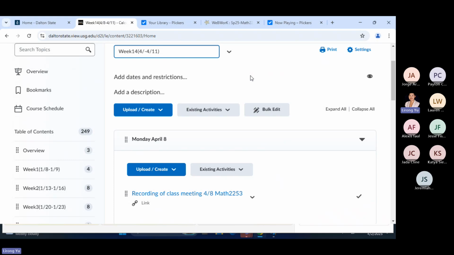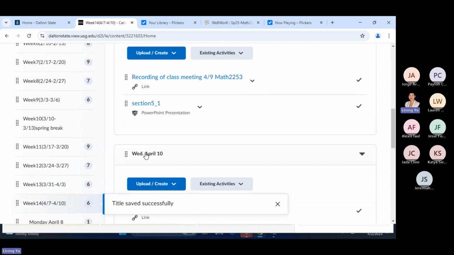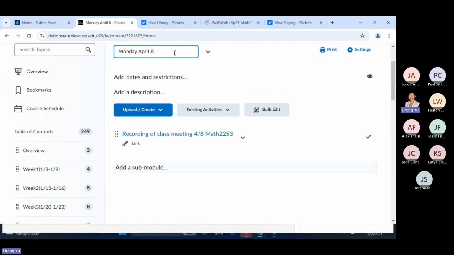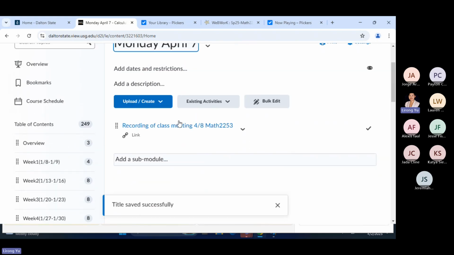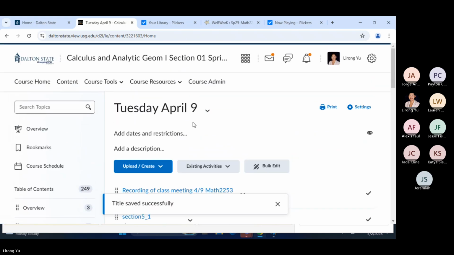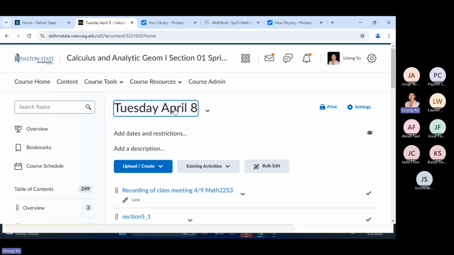Next week it is the whole thing before the semester. I think I typed it wrong. Okay, so next week Monday's supposed to be the 7th, right? And then Tuesday's supposed to be the 8th. I'm trying to. That was a Tuesday.